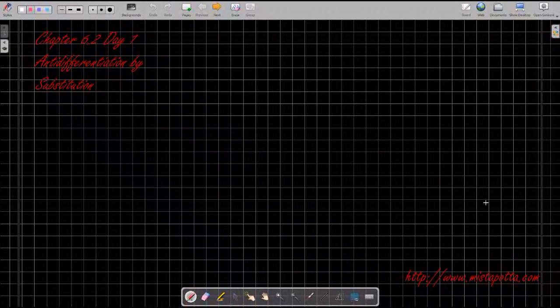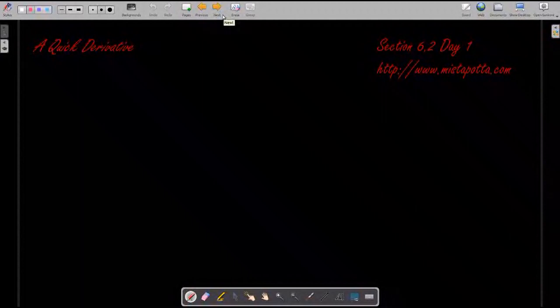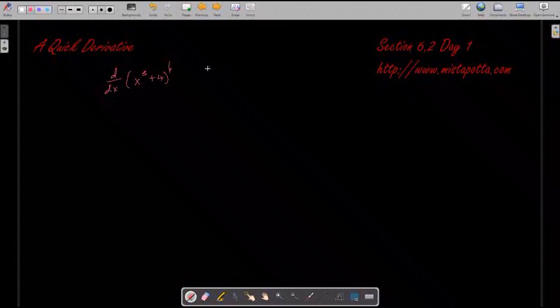So I want to start by taking a look at a quick derivative. I'm going to take the derivative of x cubed plus 4 to the 6th power. Because I have a composition of functions, we're going to have to use the chain rule.